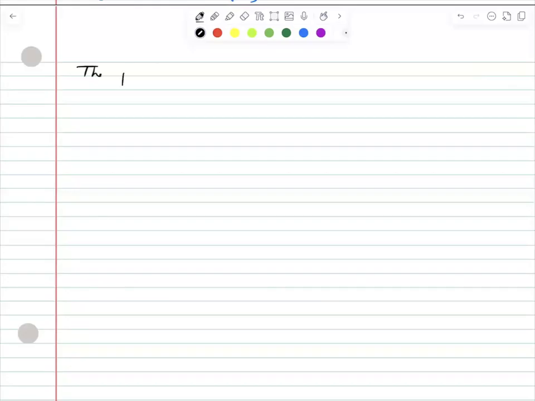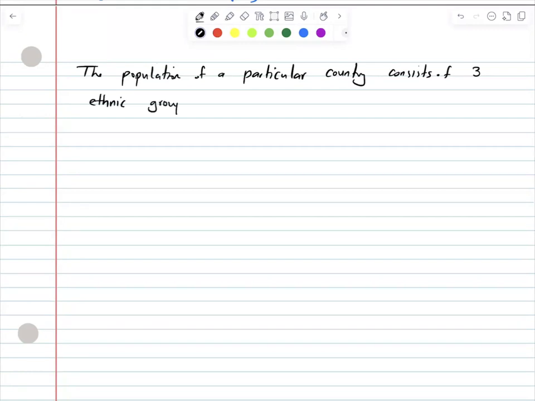In this question, you have the population of a particular country consists of 3 ethnic groups, and each individual belongs to one of the 4 major blood groups.